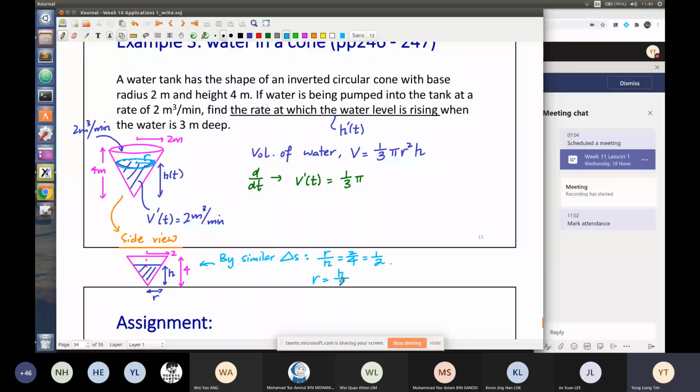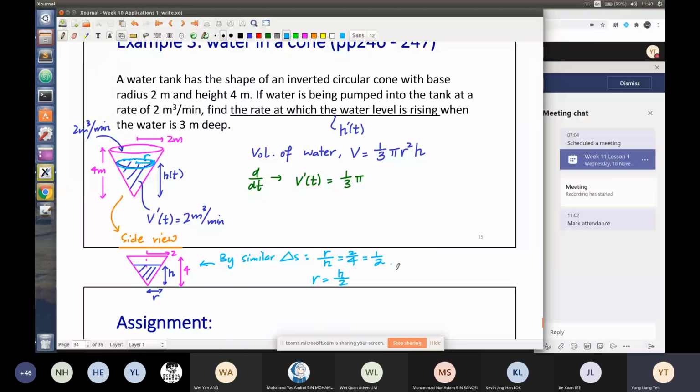This is maintained throughout. Regardless of what r and h are, r equals h over 2 is always maintained as the volume rises or declines. So once we have this, we substitute into the expression.